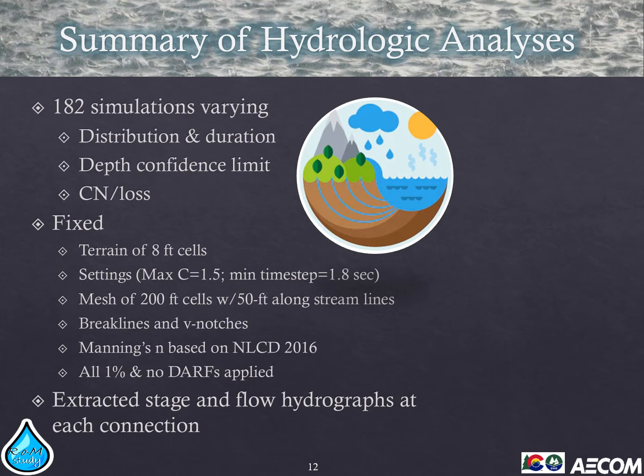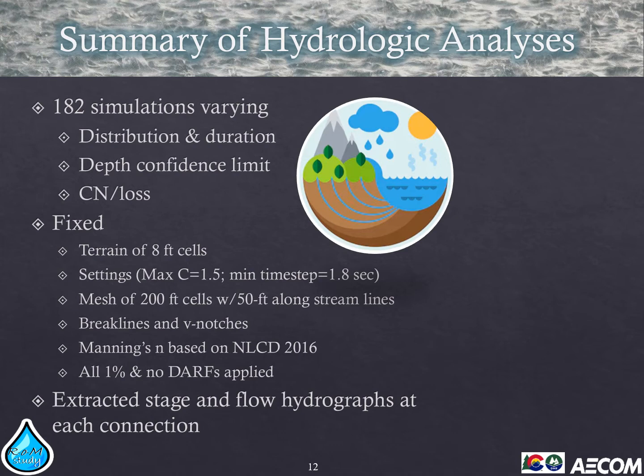Now, what was fixed across all of these analyses is any of the hydraulic components on how the water moved through the model. So we left the terrain unaltered, the settings in terms of the Courant number equal to 1.5 and a minimum time step of 1.8. We used a mesh of 200-foot nominal with 50-foot refinements along the streamlines. We used the same break lines and V-notches throughout the whole modeling exercise for the hydrologic piece, and the same Manning's n values that were based on the National Land Cover Database.